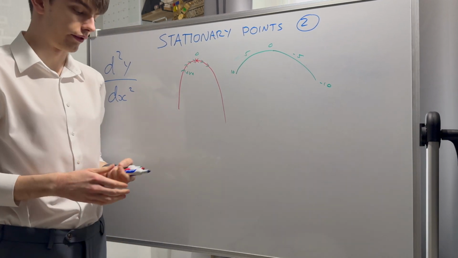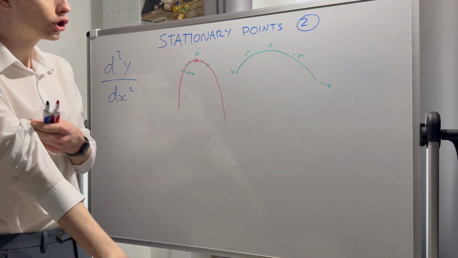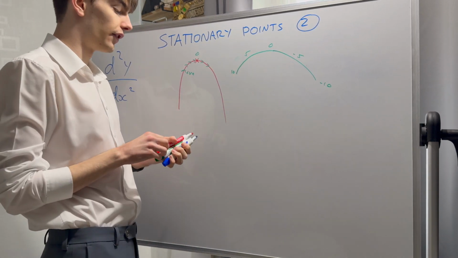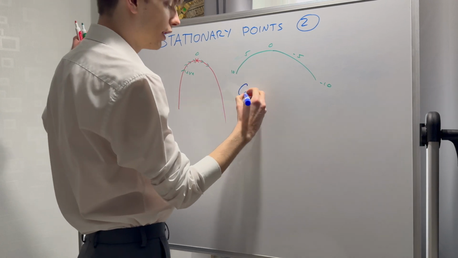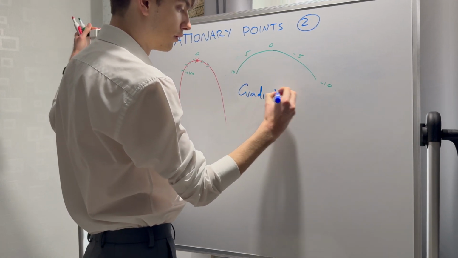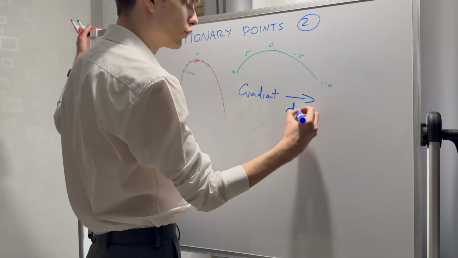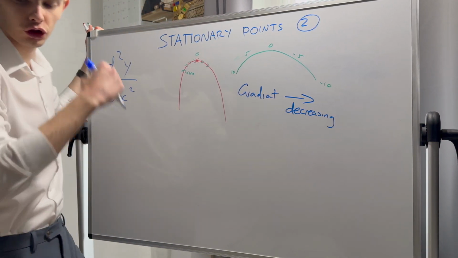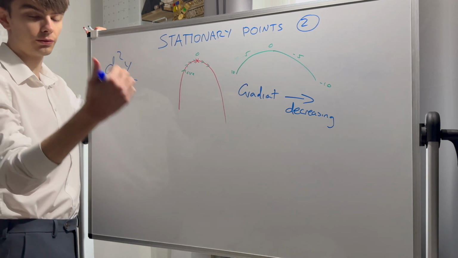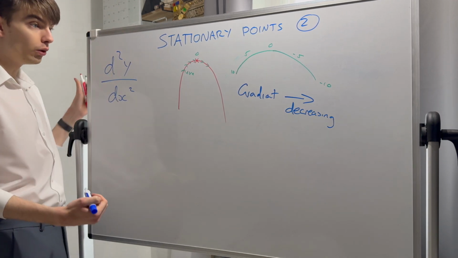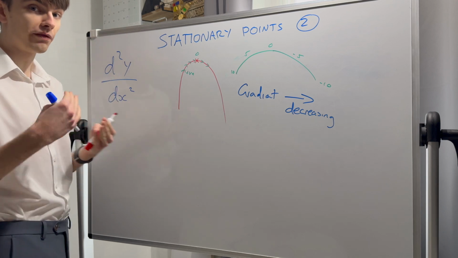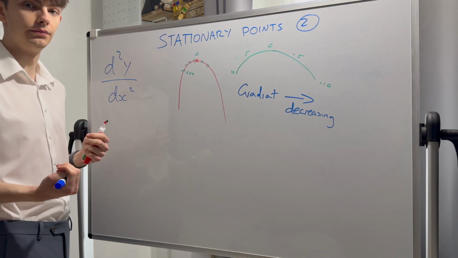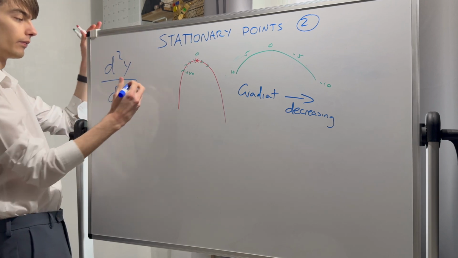So why is this relevant? Well, going from 10 to -10, or 5 to -5, means that my gradient is decreasing. My gradient is getting smaller and smaller and smaller. So the rate of change of my gradient is negative because it is getting smaller.